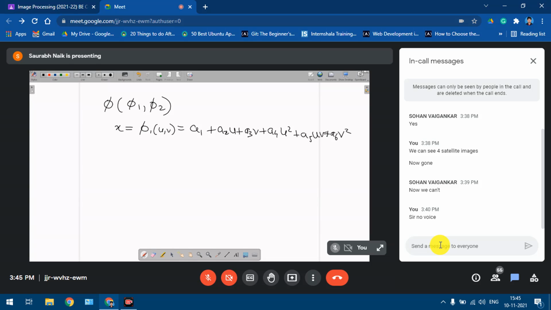Same thing for y. Sorry, not a1, this will be b1, b2u plus b3v plus b4u square plus b5uv plus b6v square.